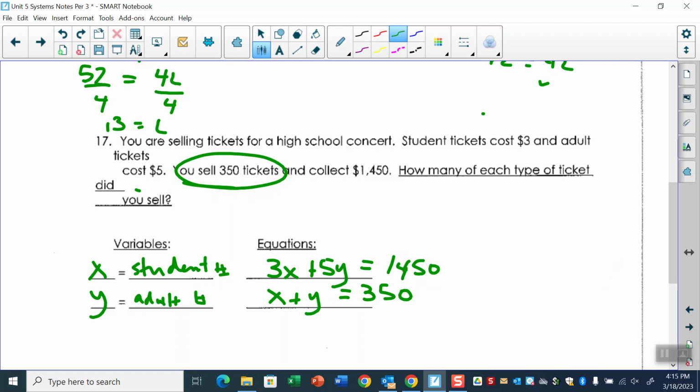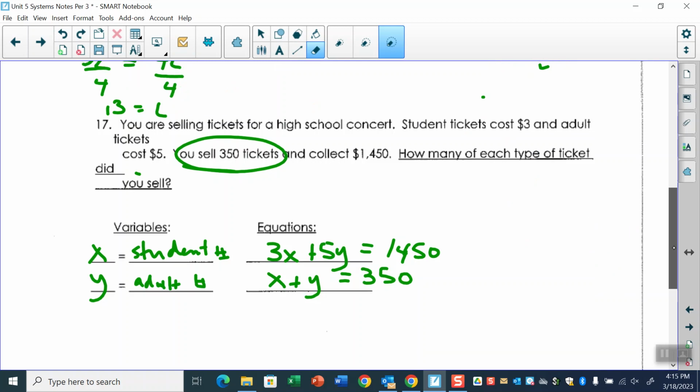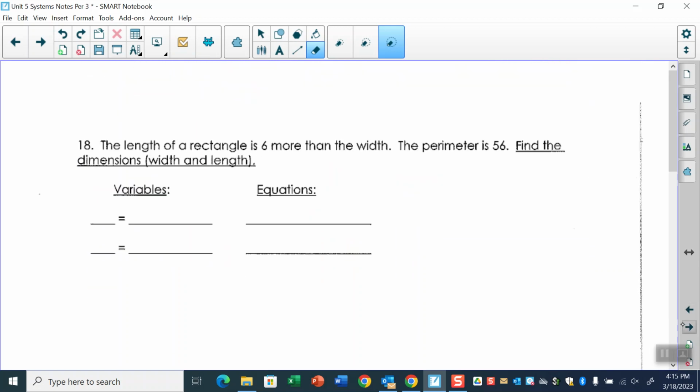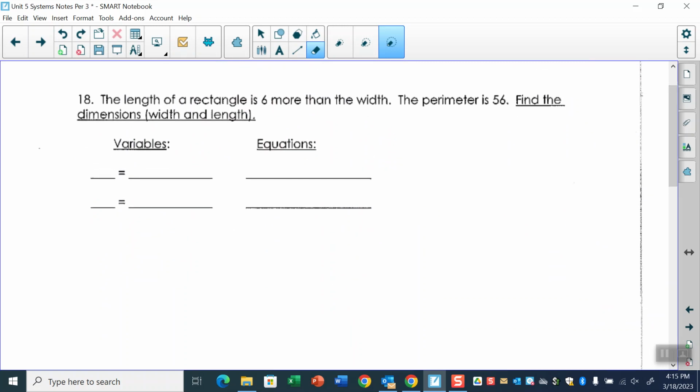Okay, and what I was going to let you do is go ahead and solve this on Desmos. So go ahead and just type that into Desmos and then answer the question about how many adult and student tickets you have. Okay, the main thing for these was to be able to set it up.